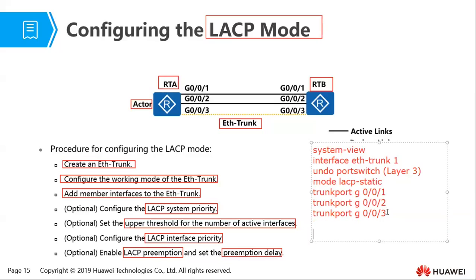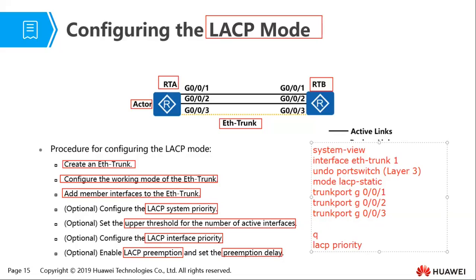Then after that, as we've said, optionally, you can configure the LACP system priority. For example, we want to make RTA the actor. So we quit from the Ethernet trunk view so that we go back to system view, then use the command lacp priority.